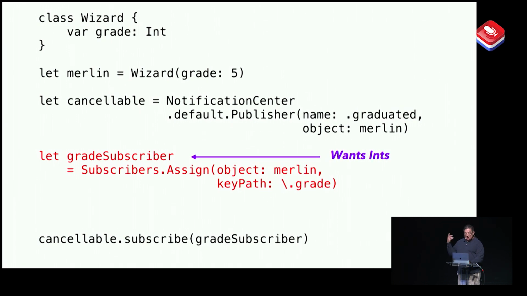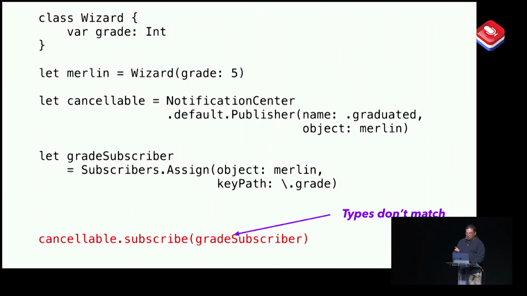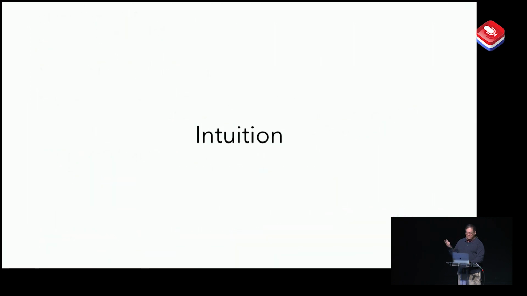So that's that same example. We need to transform a notification into an int. The types don't match. I can't just say, hey, you emit notifications, and I want ints, I'm just going to connect us. Since the types don't match, we need to somehow use map.